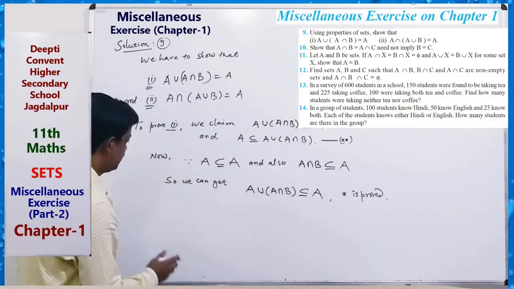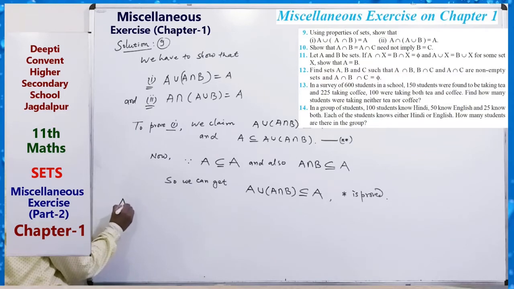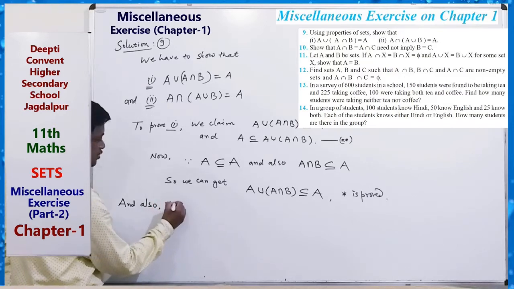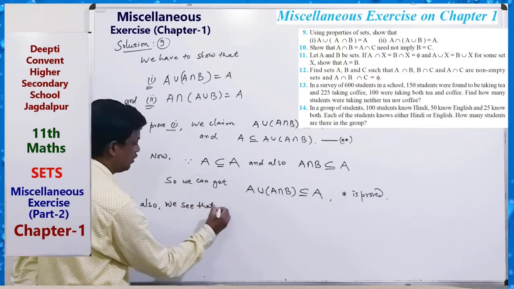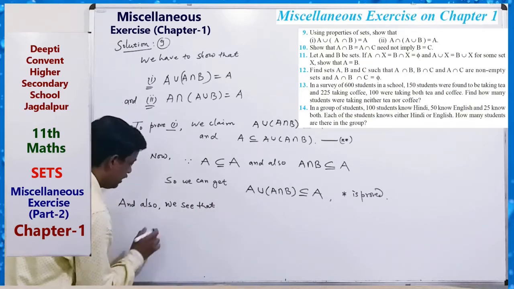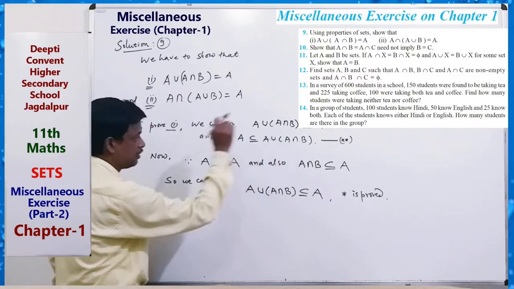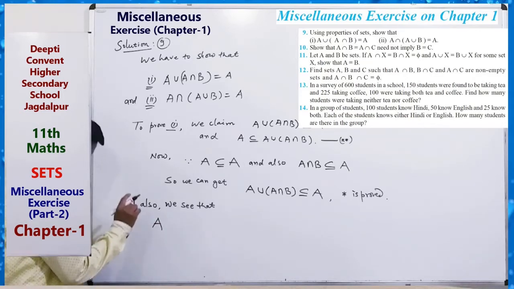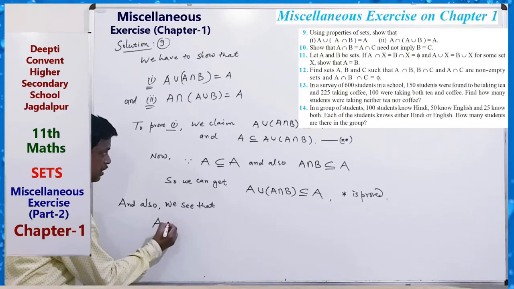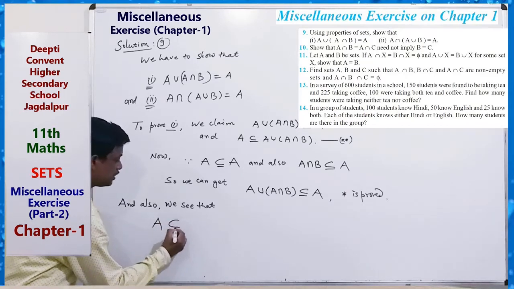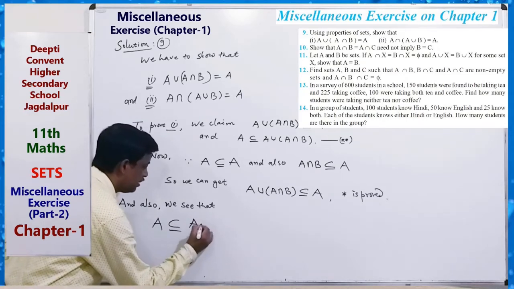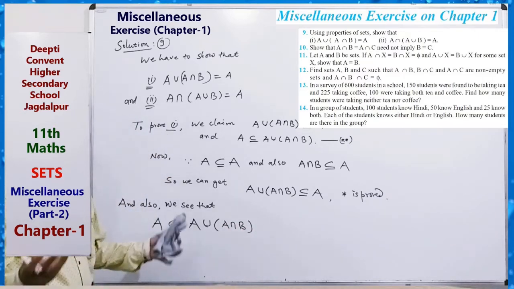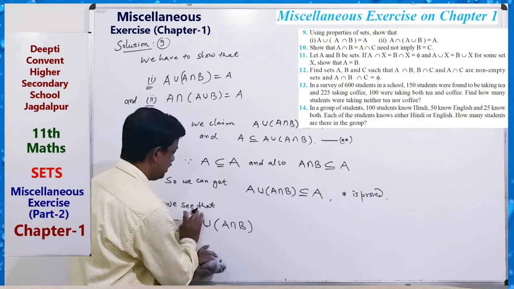Also we see that A is a subset of A union (A intersection B).